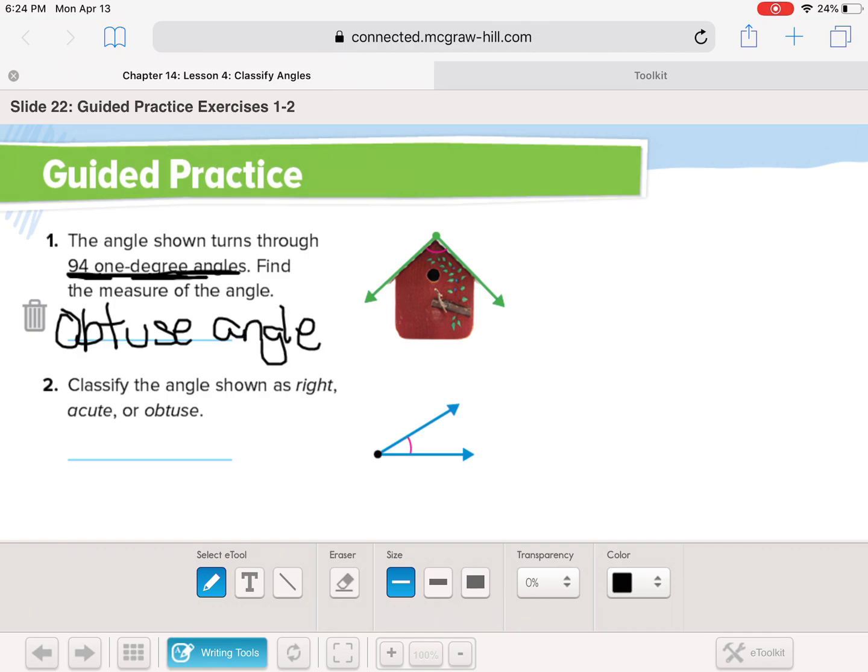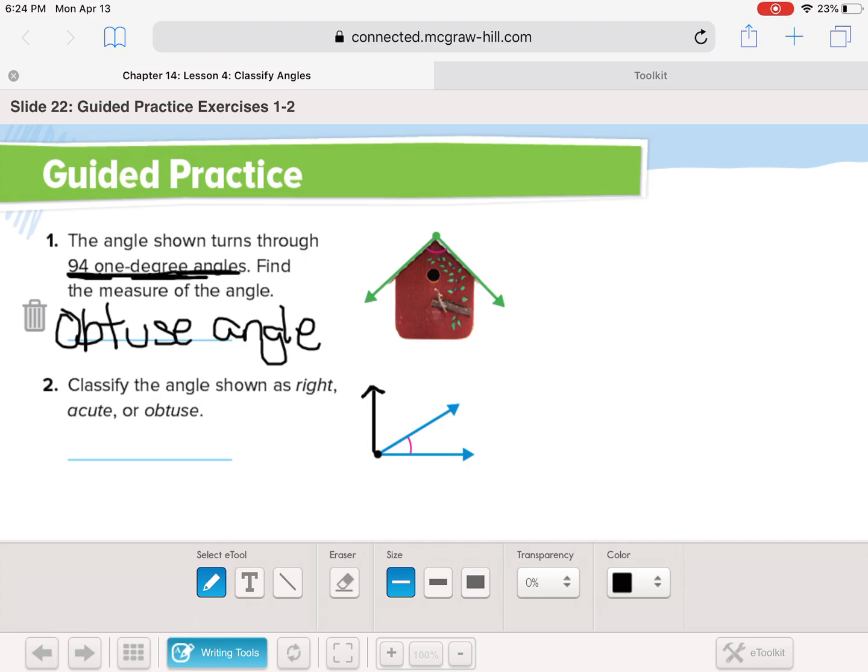Number 2, it says classify the angle shown as right, acute, or obtuse. So here I have this angle. It doesn't make the perfect L. If it made a perfect L, whether it was a backwards L or the right side L, it would be a right angle, measuring 90 degrees.